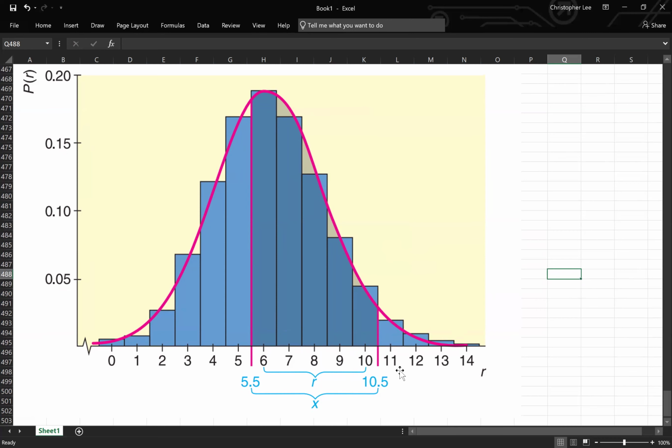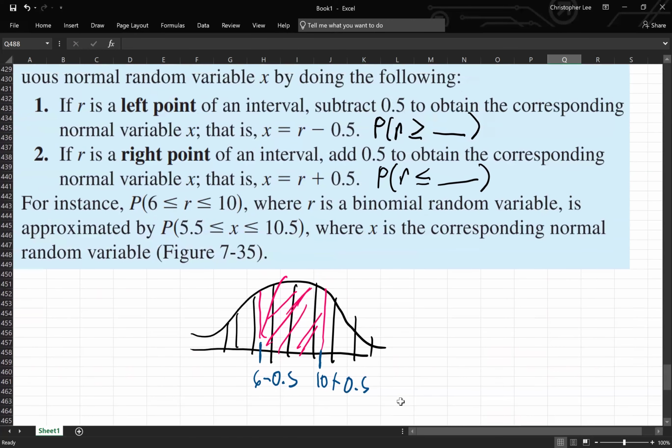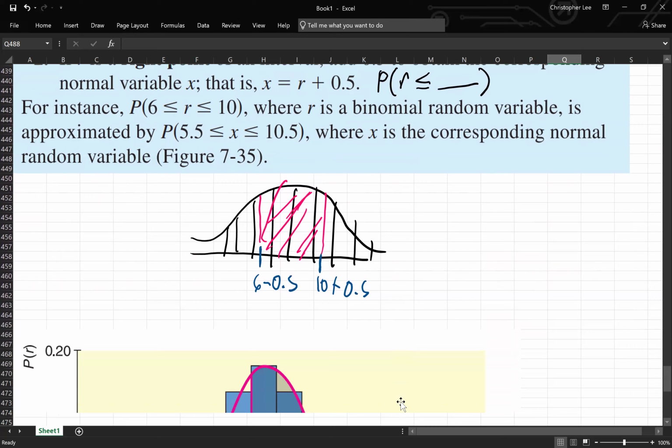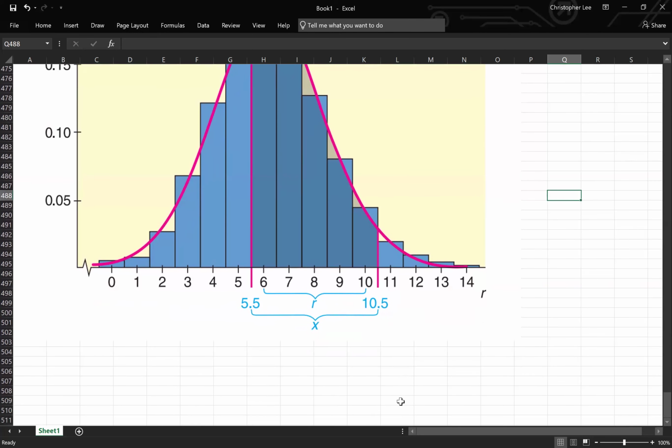Going back up here though, if R is greater than, you're subtracting 0.5. If R is less than, you're adding it. From that, you have it as a normal distribution now, with the X. Plug it into the calculator, and you're good to go.